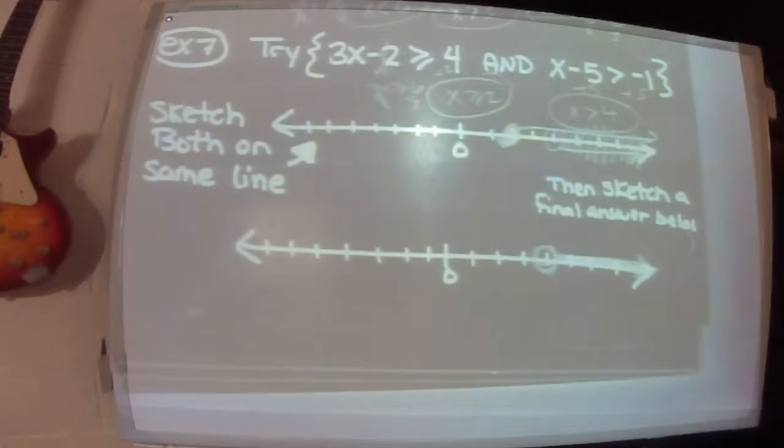A couple things to remember. When you have an and, what does that mean? Overlap. If you have an or, what does that mean? Take everything. And then if you are trying to graph a 3-headed monster, what should you expect it to look like? 2 dots together.